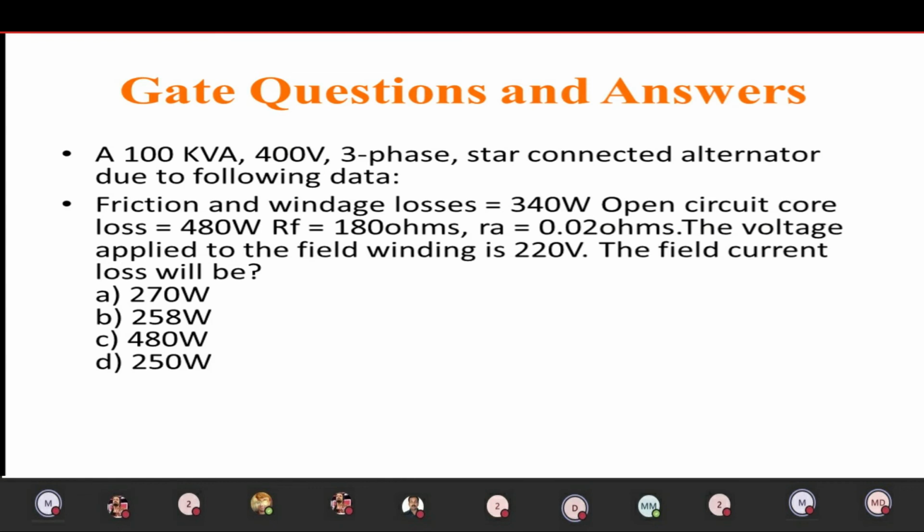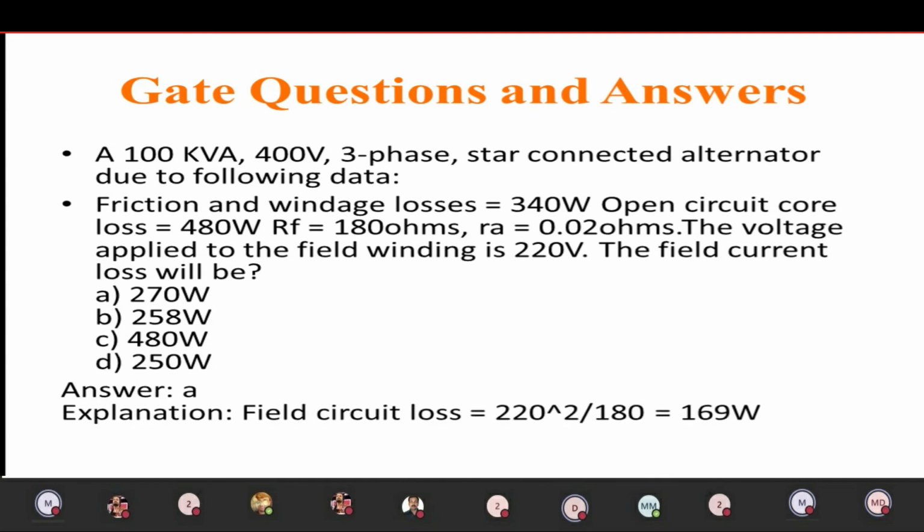Friction and windage loss is equal to 340 watts. Open circuit core loss is equal to 480 watt. RF is equal to 180 ohms and RA is equal to 0.02 ohms. The voltage applied to the field winding is 220 volt. The field current loss will be, we have four answers: 270 watts, 258 watt, 480 watt, 250 watt.